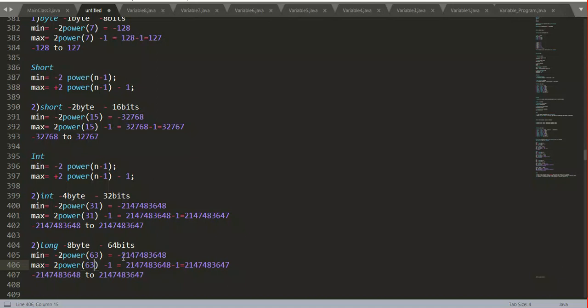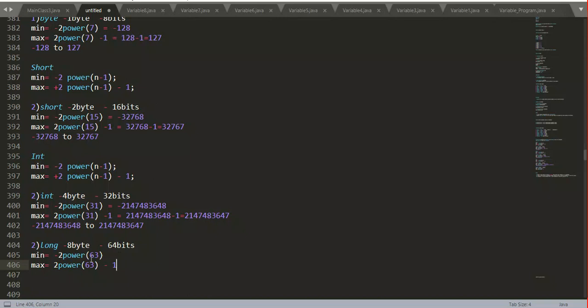Can we imagine how large it will be? It will be a very large number, so we are not going to calculate this. Just ignore long as of now.